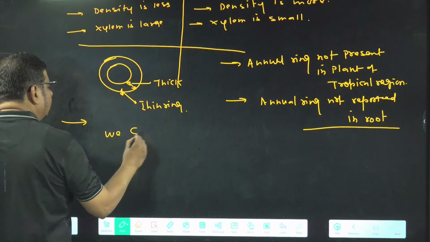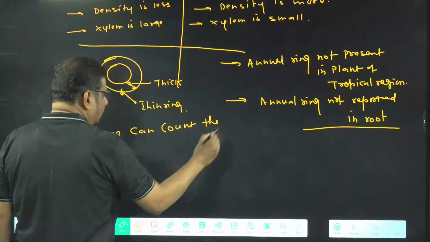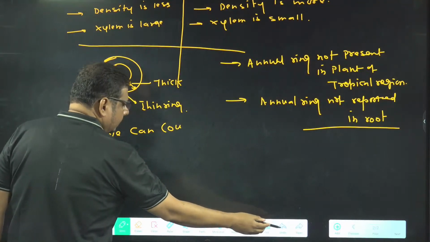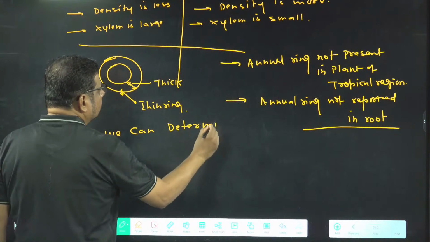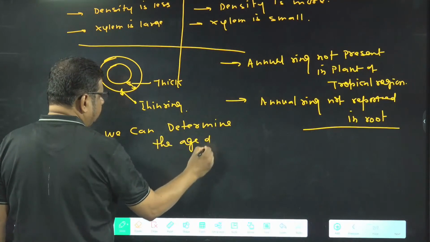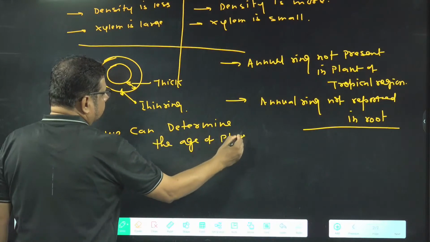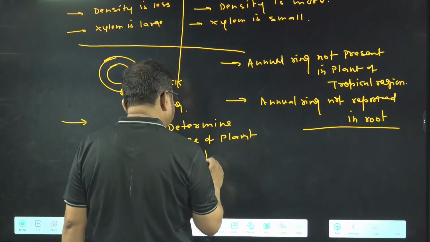Or not count, we can determine is a better term. We can determine the age of plant by counting the annual ring.